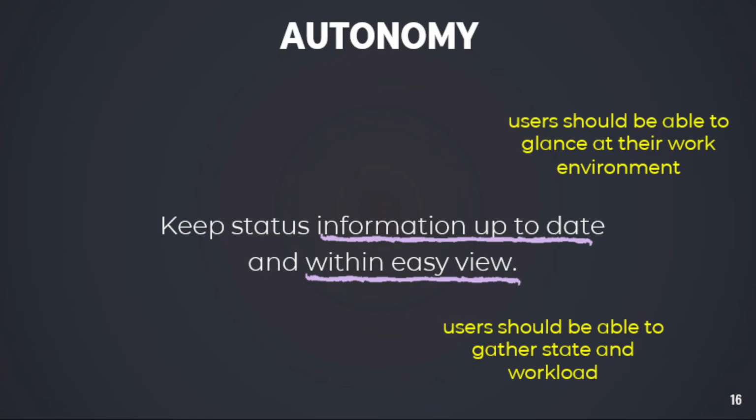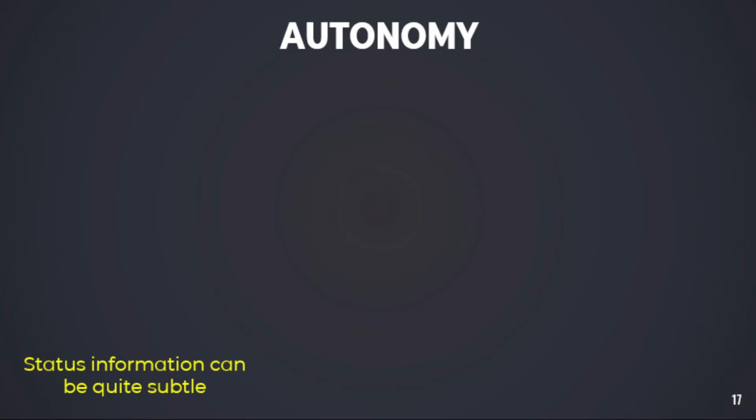So it has to be up to date. It has to be within easy view of your users. Also, that is autonomy. Now, you have to understand when you design an element, for example, your status information can be subtle. What do I mean by this? Let's take a look at this picture.